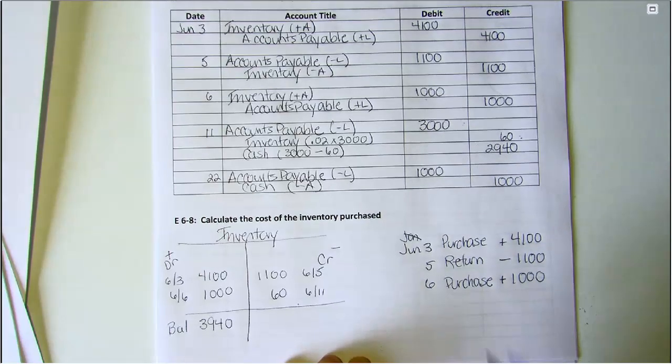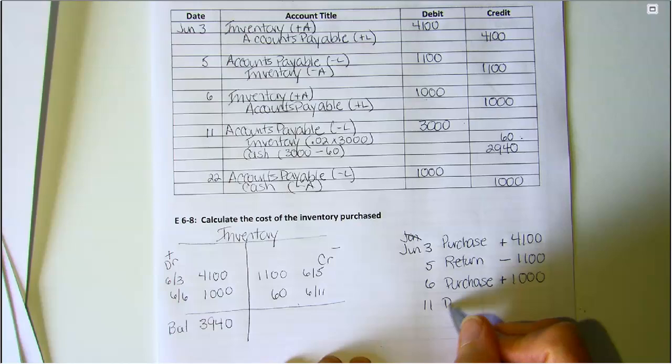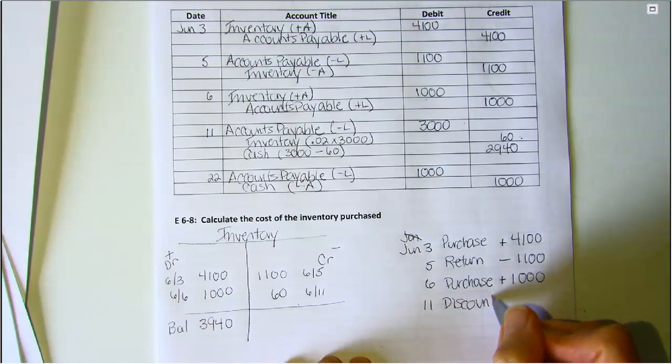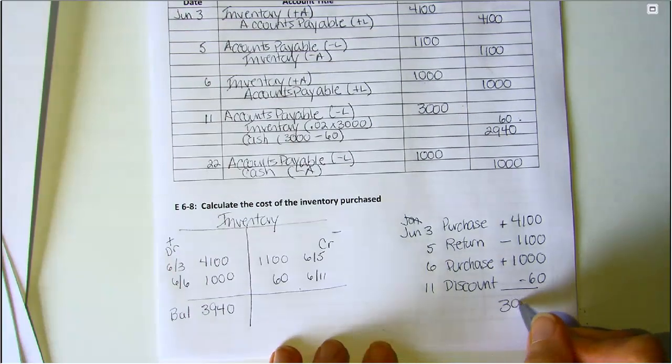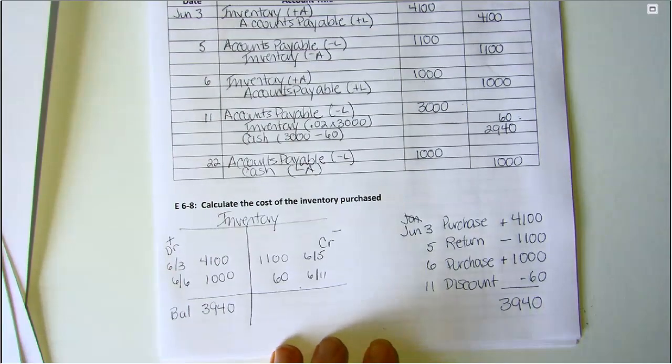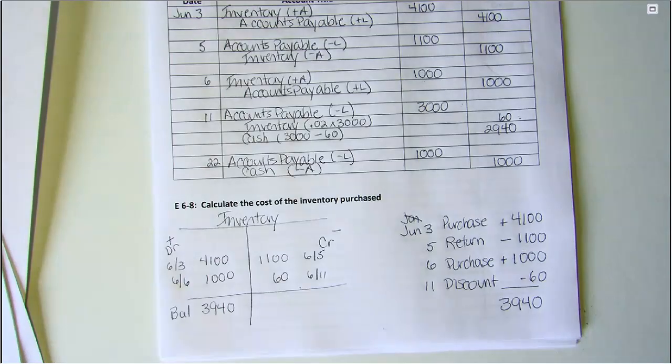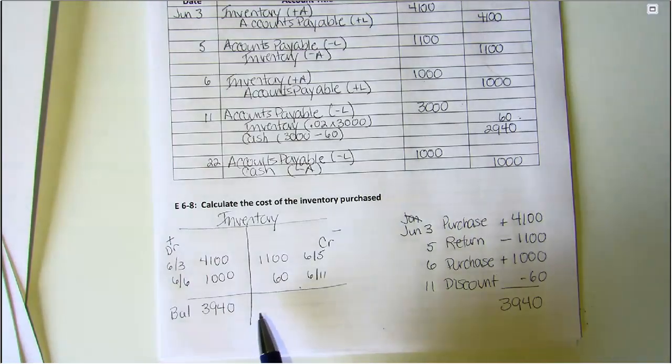And then we had a discount, which reduced the value or cost of our inventory. And so that would also total $3,940.